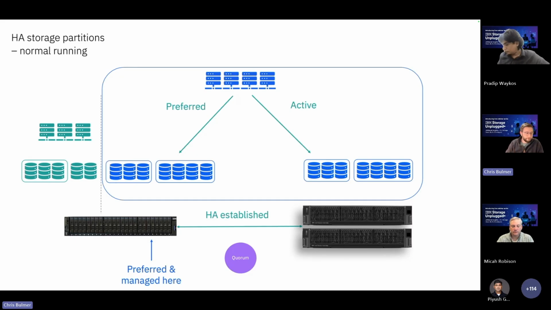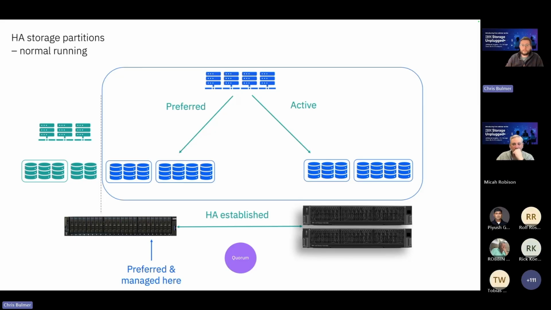There is an attribute, which is the preferred management system, which says, in normal running, I would like this system to be the management system for this partition. That also influences how the partition acts if the systems disconnect, as we would always prefer to keep running on the preferred management system. It's the least impact in terms of we don't need to fail over IP addresses, and we're keeping it where you want to run it.